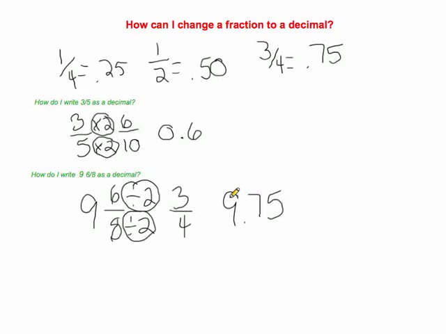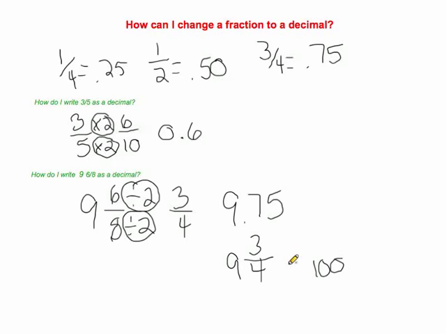If you did not know the benchmark number, 3/4 is 0.75, you can also get the 4, not to 10, but you can get it to 100. So I want to show you how to do that. I've simplified it to 9 3/4. I know that 4 will go into 100 because I remember quarters.